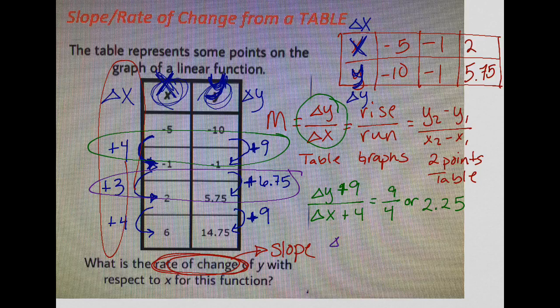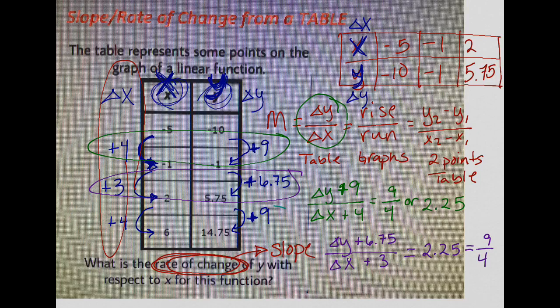So again, my change of y was a positive, or adding, of 6.75, and my change in x was a positive 3. So 6.75 divided by 3 is also 2.25, which you can then turn back into a fraction, which would be 9/4.